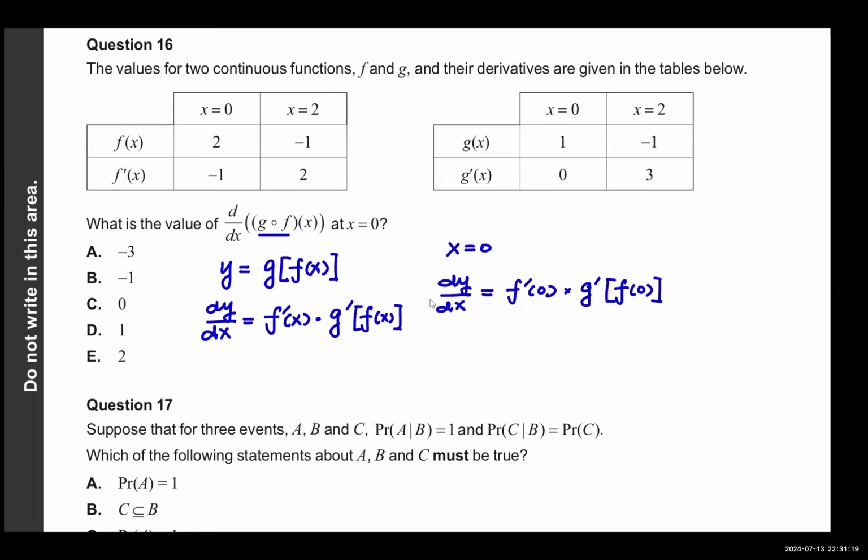So for the f dash of 0, let's say it's here, it's -1 times g dash of f of 0.